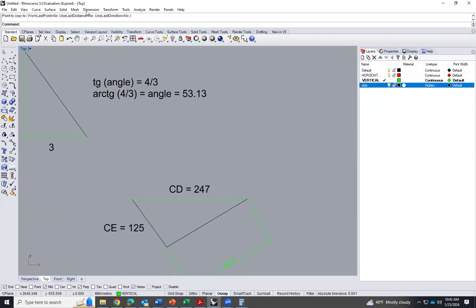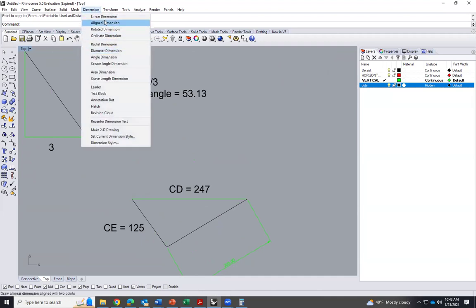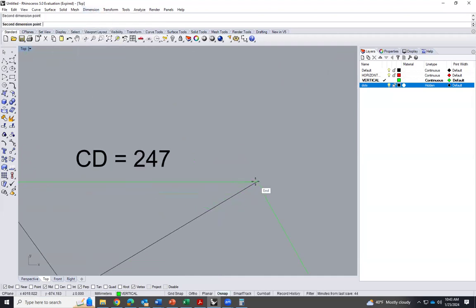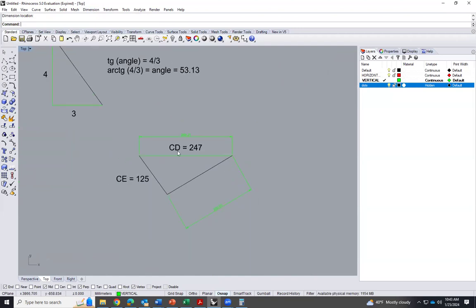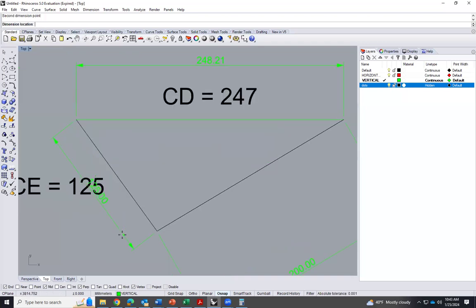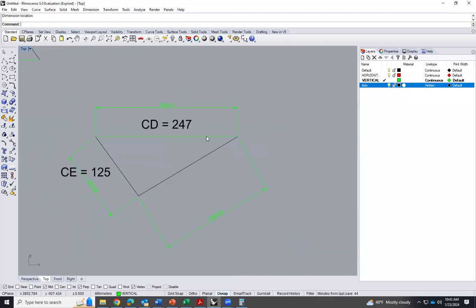I'm going to measure dimension, aligned. So this has to be something close to 247. Here, this is 248. Okay, that's fine. It's about decimals. And this has to be something very close to 125. Yeah, so this is exactly 125.